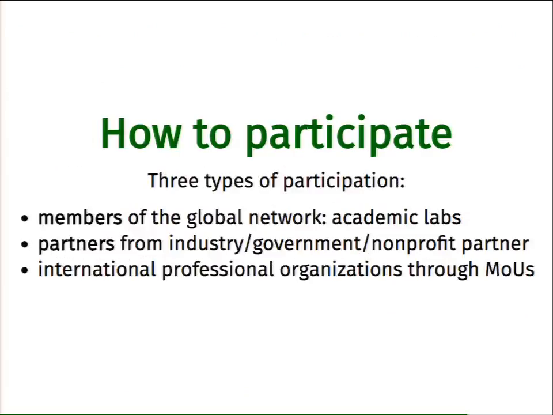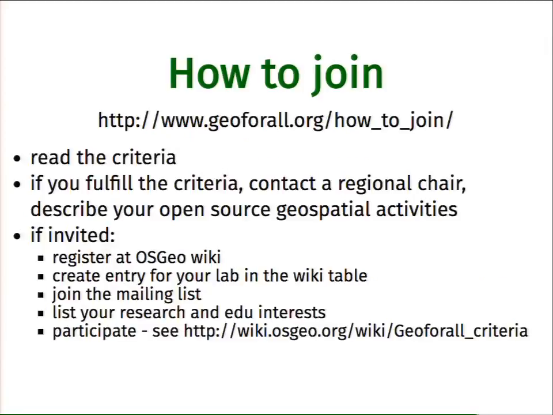Now, how do you participate? There are three types of participation. One is the members of the global network, and those are the academic laboratories, and it can be just one professor with his students. Then there are partners from industry and government, and then there are international professional organizations, and those are the ones that we do the memoranda of understanding. So if you want to join, you read the criteria on the website.